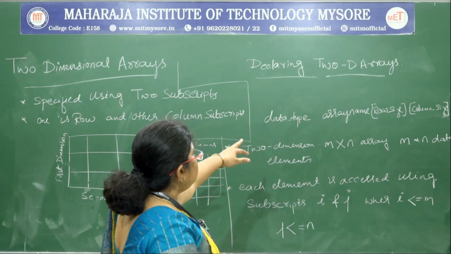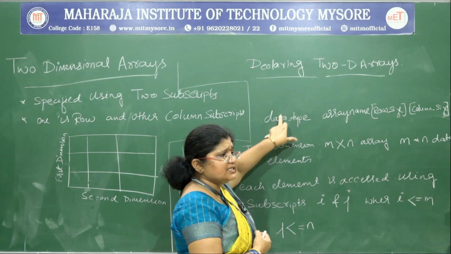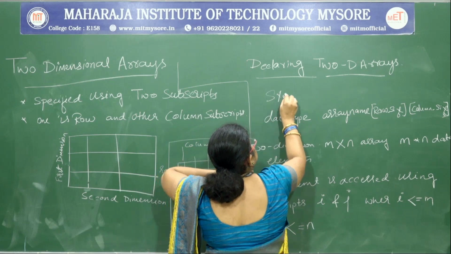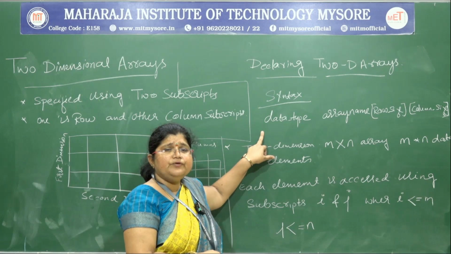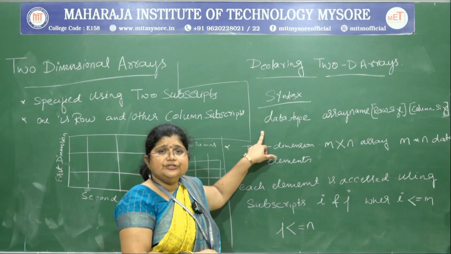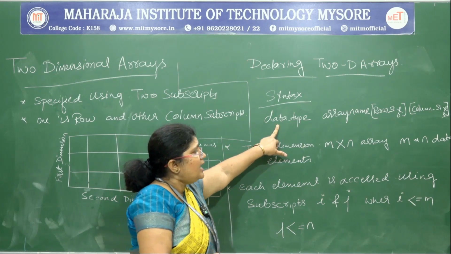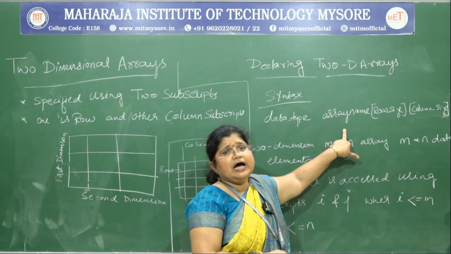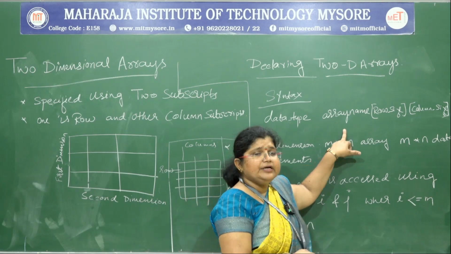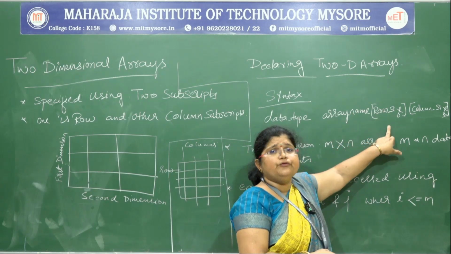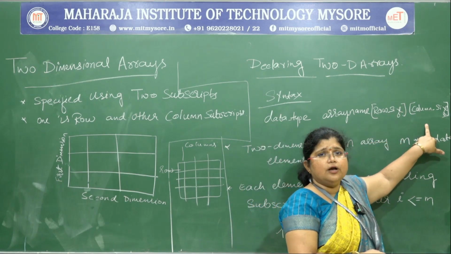Whenever we declare a two dimensional array, the declaration syntax contains the data type, that is which type of data we store in the array, along with the name of the array. Next, we specify the number of rows, that is the row size, and then the number of columns, the column size.